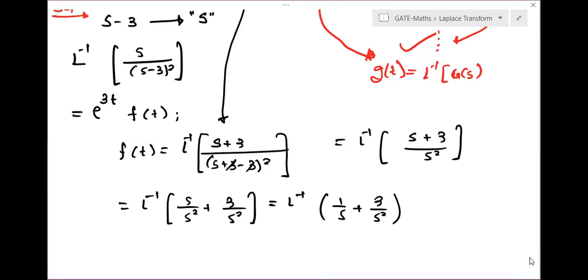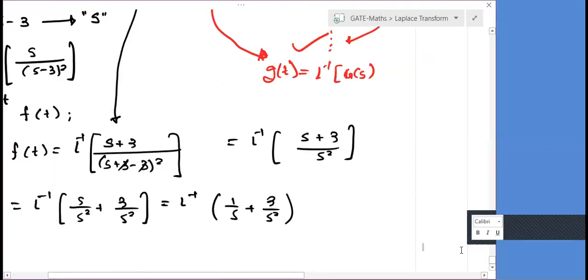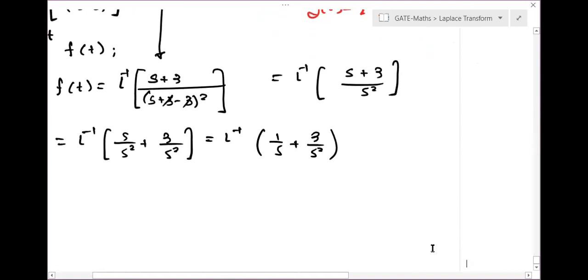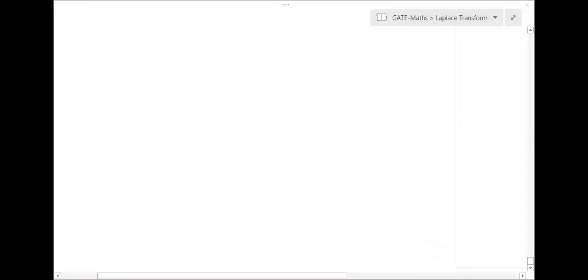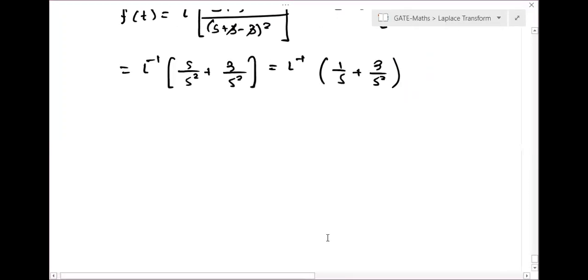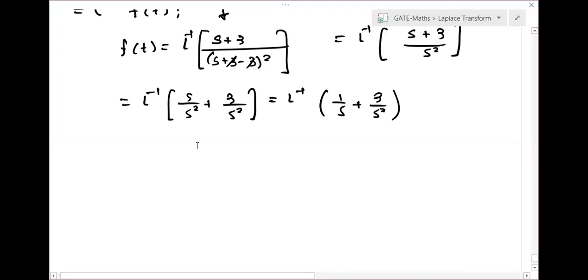Now, Laplace inverse of 1 by s. You all know that Laplace of 1 is 1 by s, or not? If Laplace of 1 is 1 by s, then Laplace inverse of 1 by s will be what? 1 only. So Laplace inverse of 1 by s will give us 1. Plus Laplace inverse of 3 by s square. Now what is this formula? See, 3 is constant.